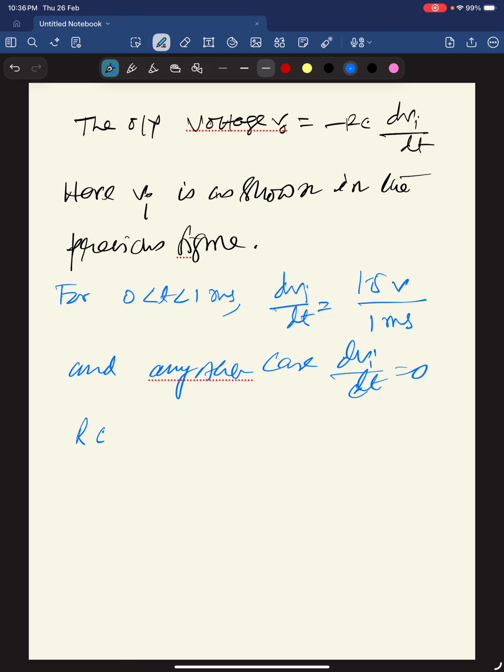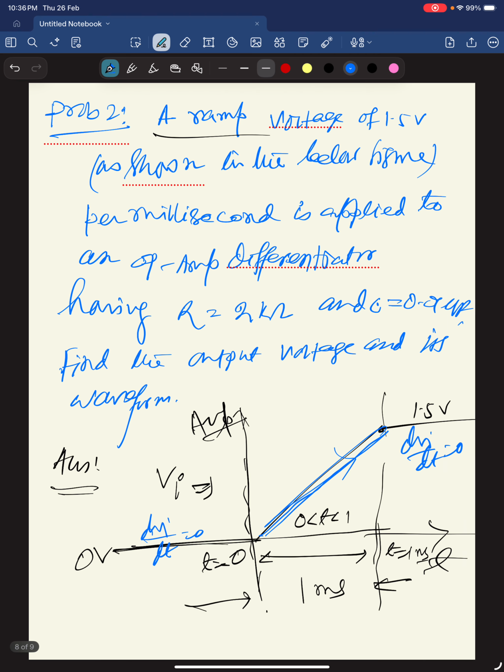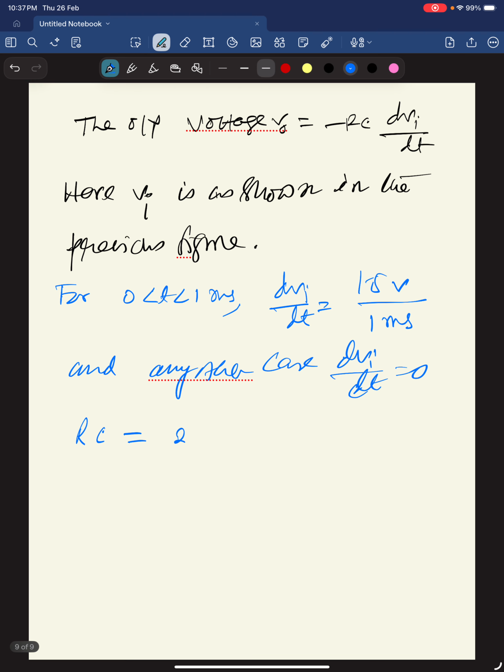And what is the RC value? R is given 2 kilo ohms and C is 0.01 microfarad. That is RC.